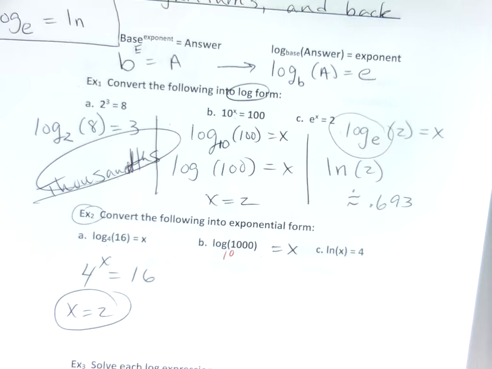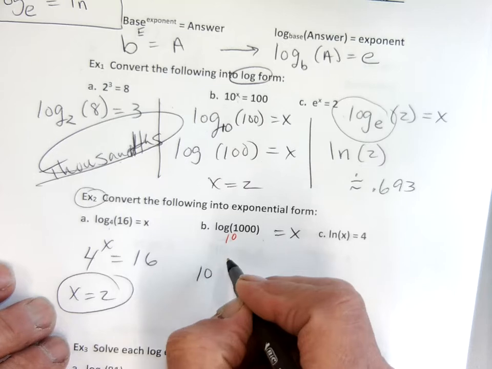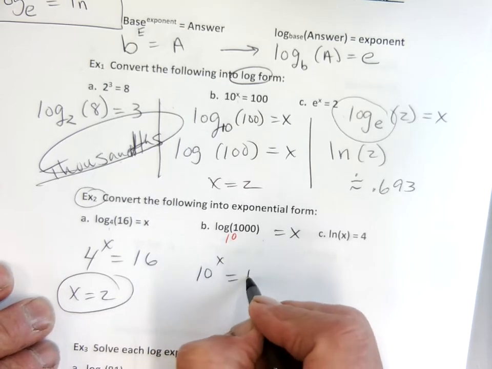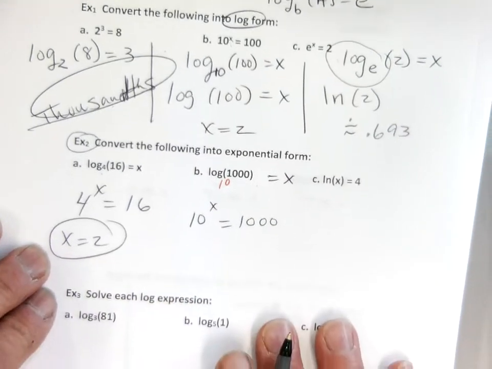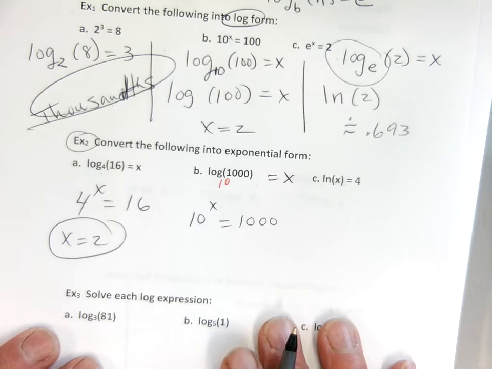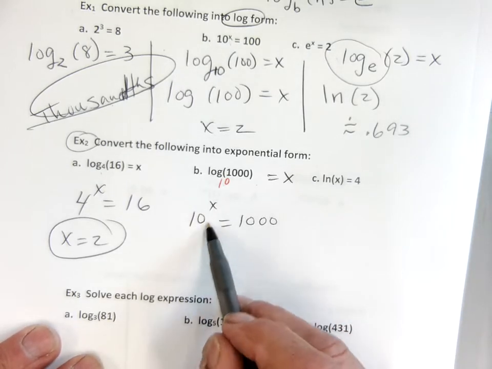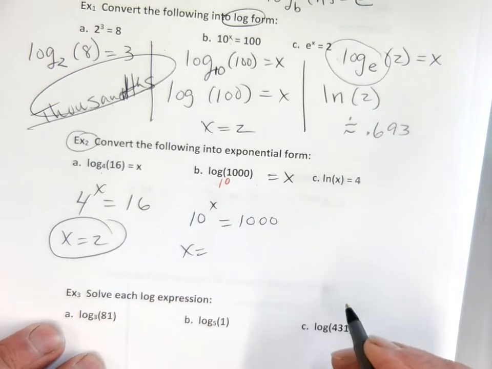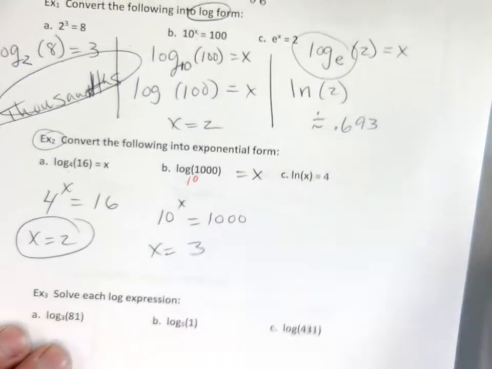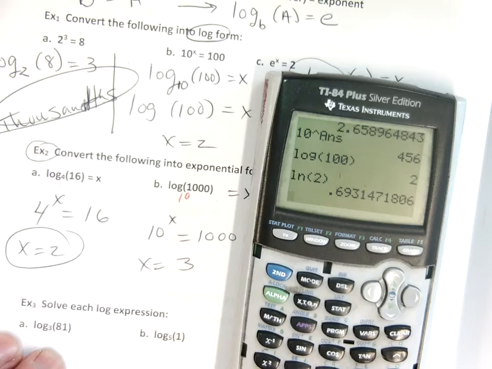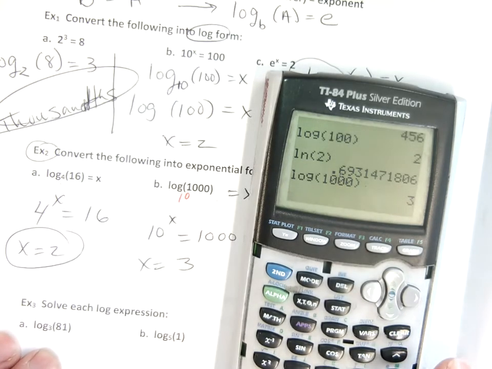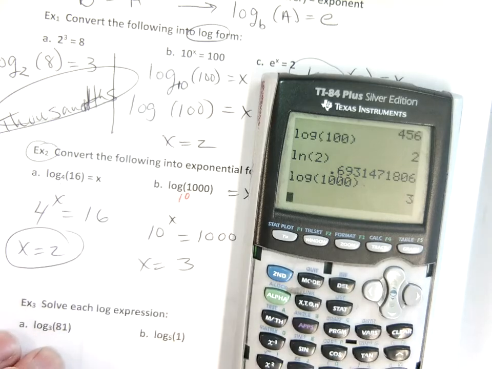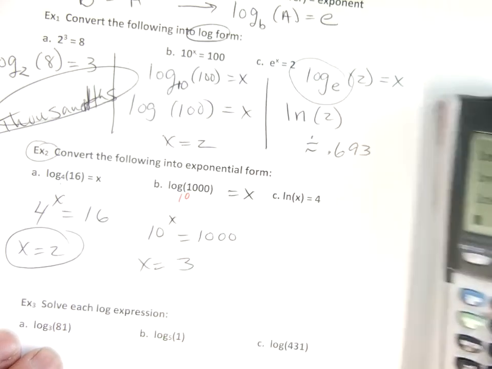So what do I got? I'm going to have 10 to the x equals 1,000. Thumbs up? So make sure that x is the exponent. Make sure it's up above. It's an exponent, okay? And of course, we know the answer is what? You could have done this on the calculator, couldn't you? Could have gone just log 1,000, Mr. Davies. I could just do my calculator, right? Because it's our common log.